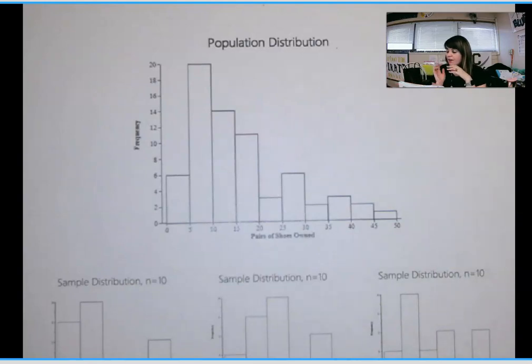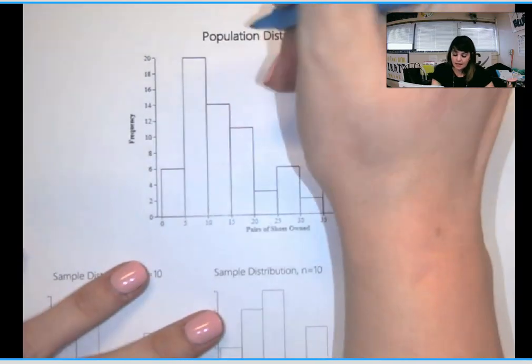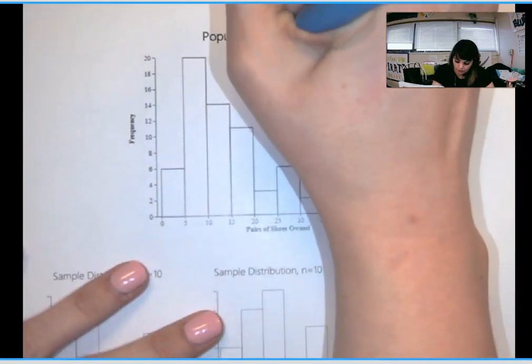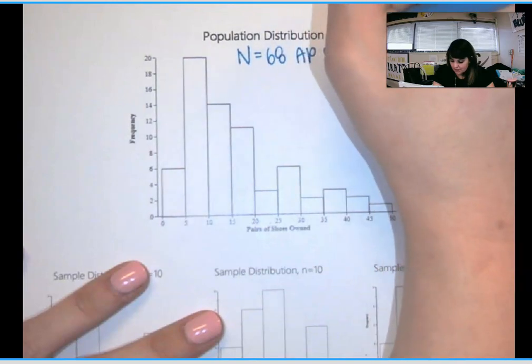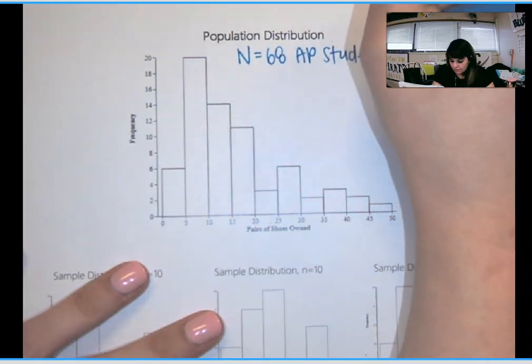What I have graphed here is the number of pairs of shoes owned, and my population is 68 AP students. So capital N is 68 AP students.